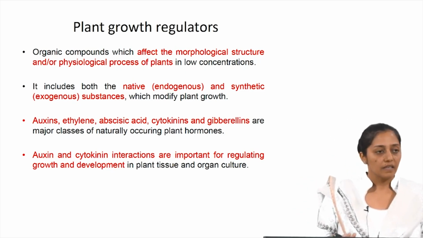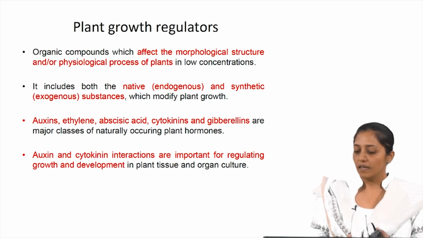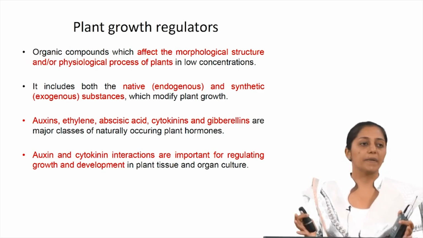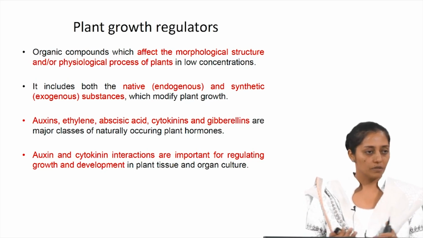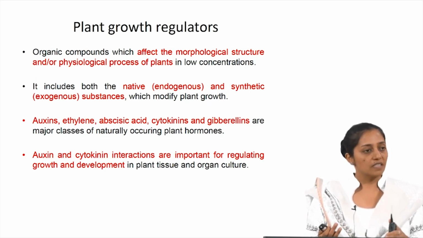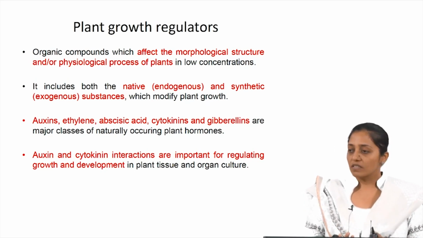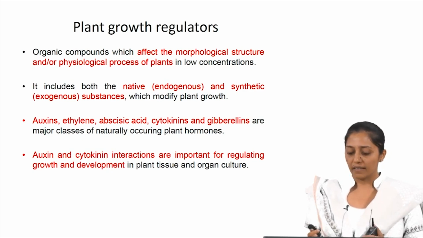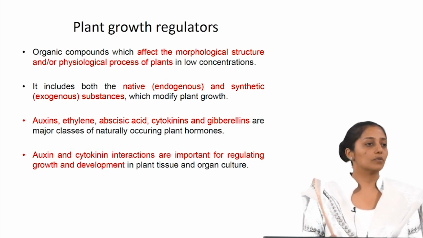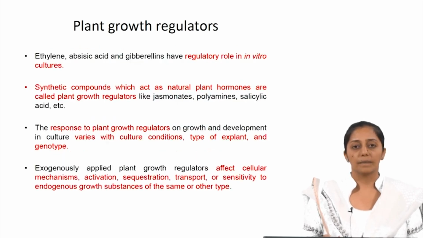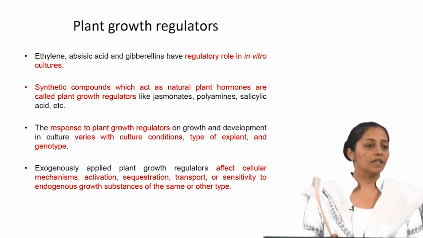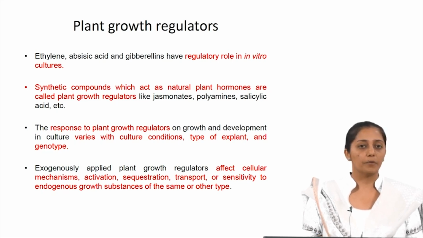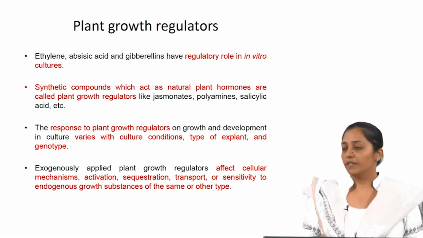So auxins, ethylene, abscisic acid, cytokinins and gibberellins, these are major classes of plant growth regulators or hormones. Because these are naturally present, auxins and cytokinins interact and they are important for regulating growth and development of the plant. Now ethylene, abscisic acid and gibberellins generally form the regulatory role in plant metabolism or in the in vitro cultures.